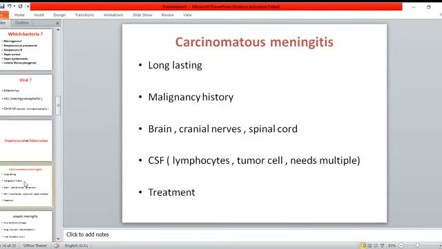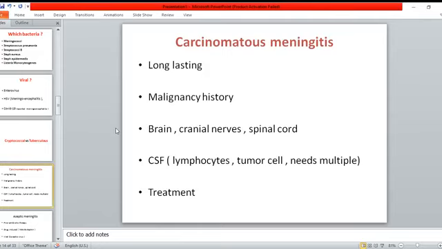Carcinomatous meningitis, I already described this. It is long-lasting, associated with a history of malignancy, especially breast cancer in a female, or lung cancer or lymphoma, and many parts of the nervous system are affected. The spinal cord may be involved, with maybe sciatica or a picture of cauda equina. Multiple cranial nerves are affected, and in the brain there is evidence of focal neurological signs, seizures or depressed conscious level, and evidence of meningoencephalitis.